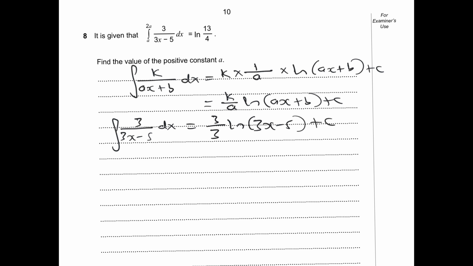Now if we go back to this, remember this is actually a definite integral. This becomes 3 over 3, so we are only going to have ln of 3x minus 5. We are no more considering the constant of integration, because this is definite integration from a to 3a equal to ln of 13 over 4. So that's the equation that we are forming here.